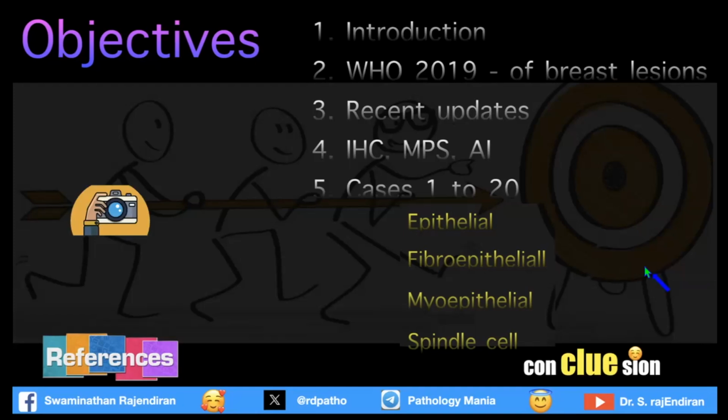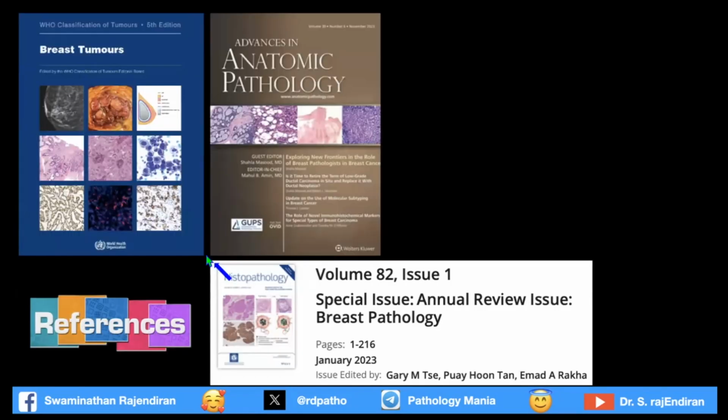Some of my slides will be of theoretical importance. In those slides, I will be putting this camera sign so that you can take a photograph of it. These are the three main references. One is the WHO Blue Book. Second is Advances in Anatomic Pathology. And the third is Histopathology.